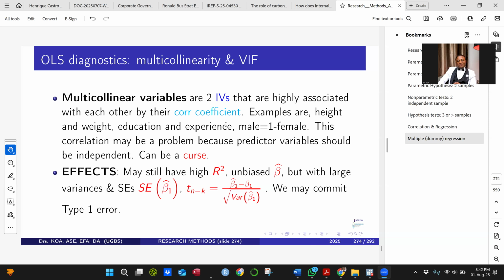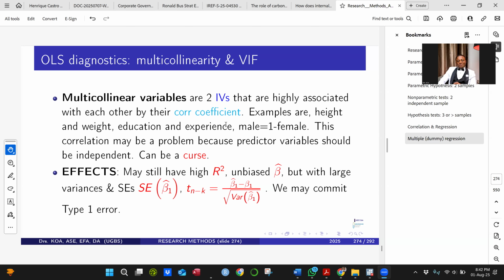Sometimes we say that multicollinearity can be a curse, and it can make all the regression predictors redundant. Now, if you have a lot of multicollinearity in your model, you will still have a big R squared. Your beta parameters are going to be unbiased.